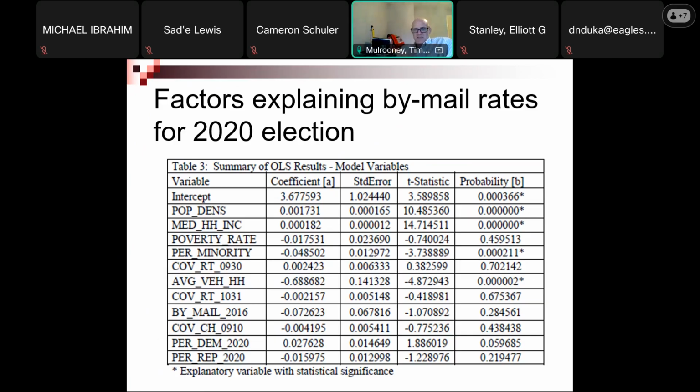Does that make sense? I hope so. It's got a positive rate there. Okay, positive. Income. As income increases, by-mail voting increases. So higher income areas have higher by-mail rates.